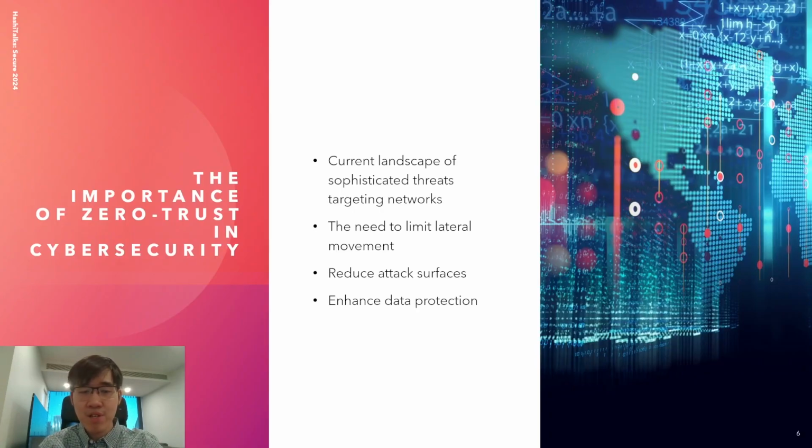This brings us to the importance of zero trust in cybersecurity. As mentioned before, there is a great need to limit lateral movement. When we look at different architectures and the best practices within enterprises, cybersecurity is a big deal there because you are spreading the security that you have throughout the different segments that you have indicated for the business.